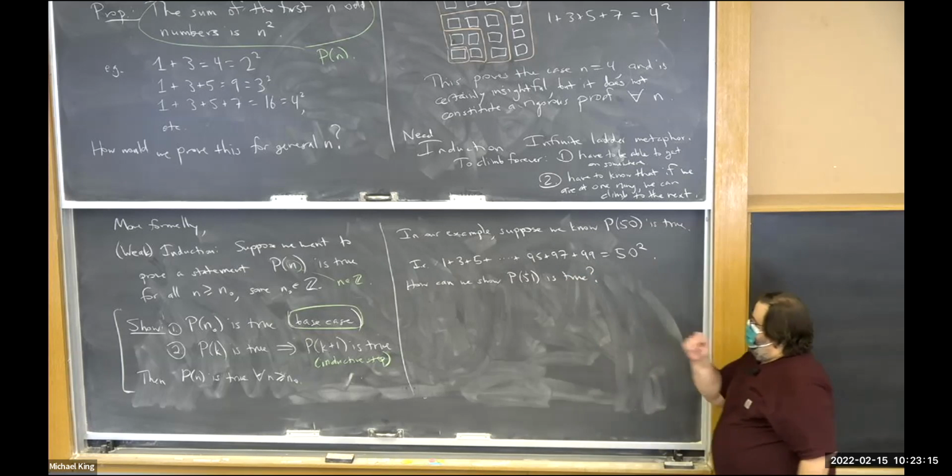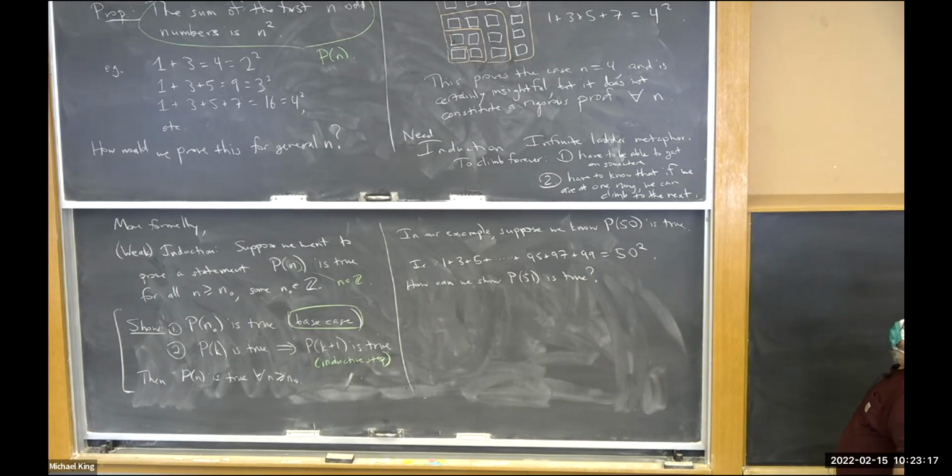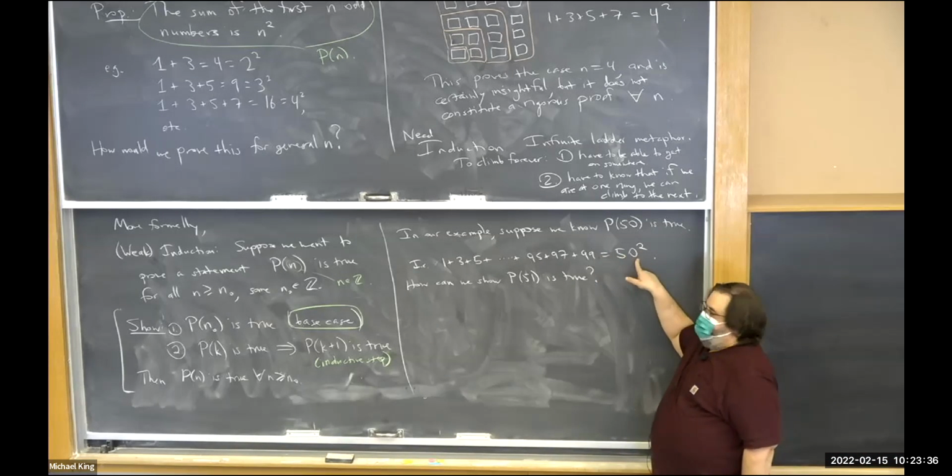Okay, so I'm just trying to illustrate this before we do the general proof. You can use that picture for some insight here. So I want to put a plus 101 here and make this 51 squared, right?